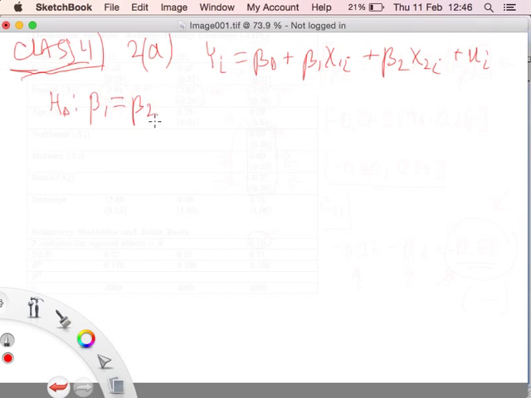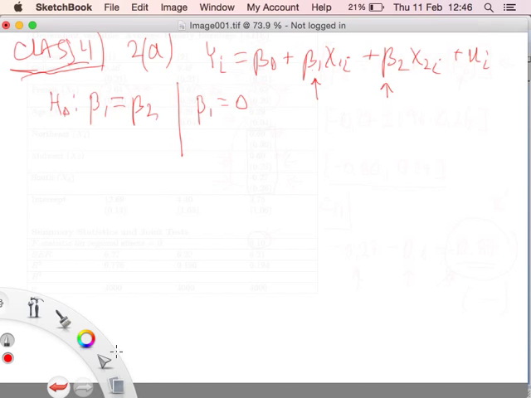Why do you need to transform it? Usually with the t-test, this is a hypothesis you do, isn't it? But we have two coefficient estimates, and we want to see if they are equal. With the t-test, you can only look at one coefficient at a time. So we need to do something so that this becomes one single coefficient.